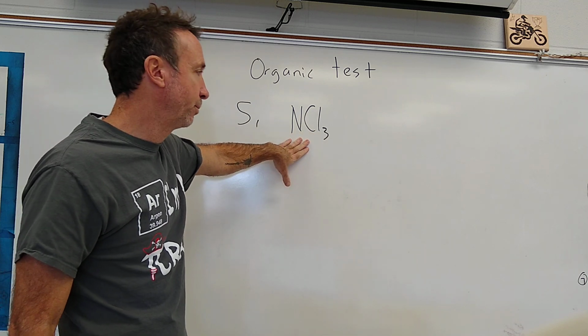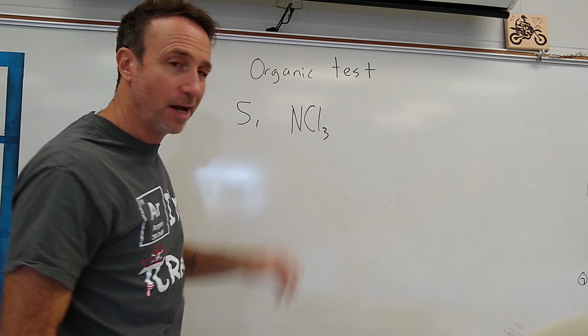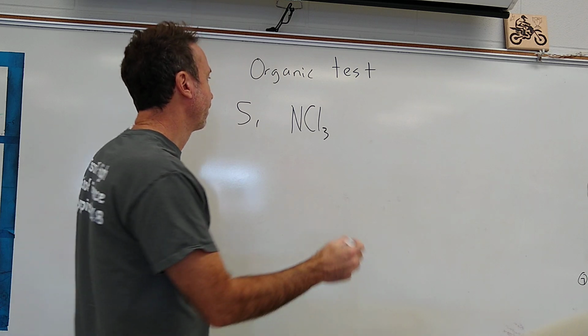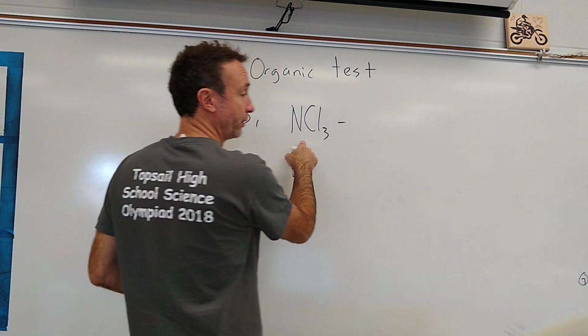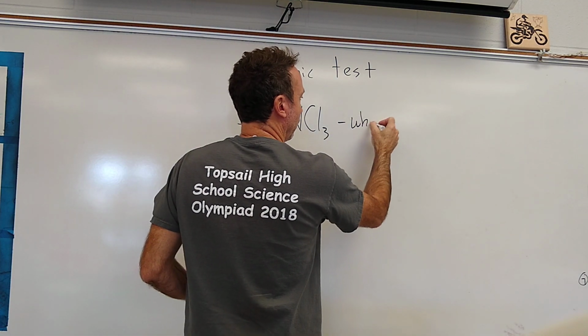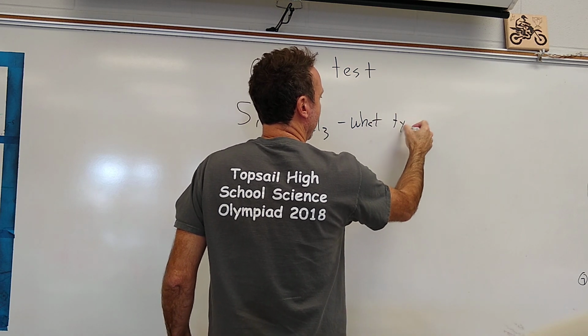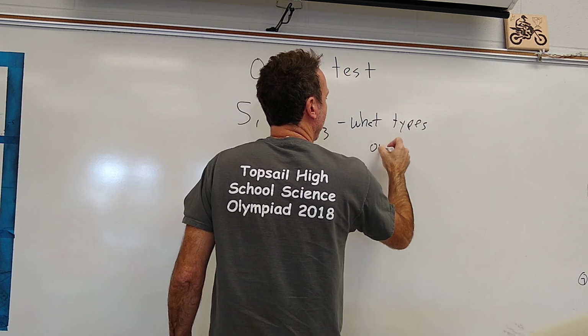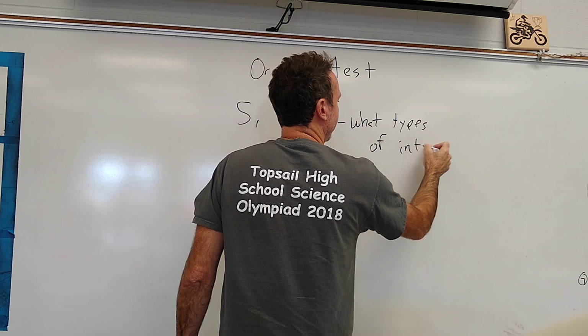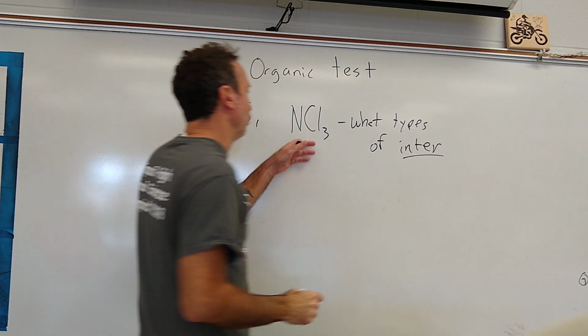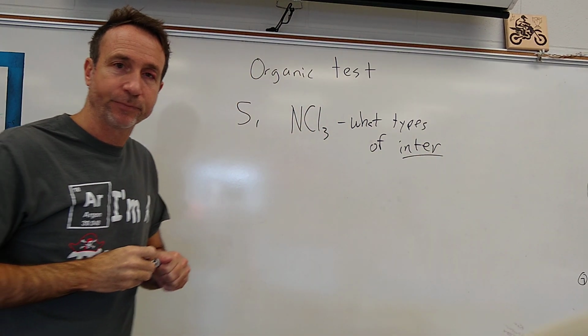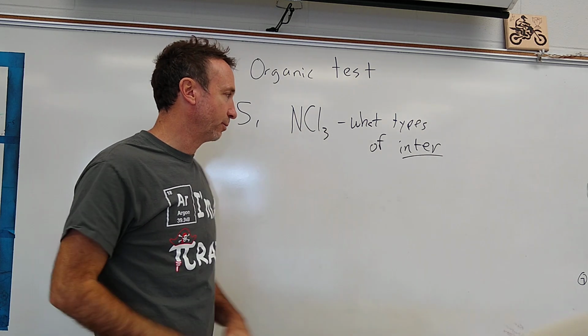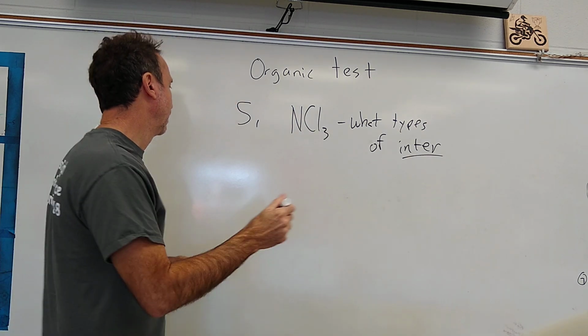I need to know if it is polar or non-polar. And I also need this: if there's a bunch of these, what types of intermolecular bonds would hold a bunch of these together? What types of intermolecular bonds would hold a bunch of those together?